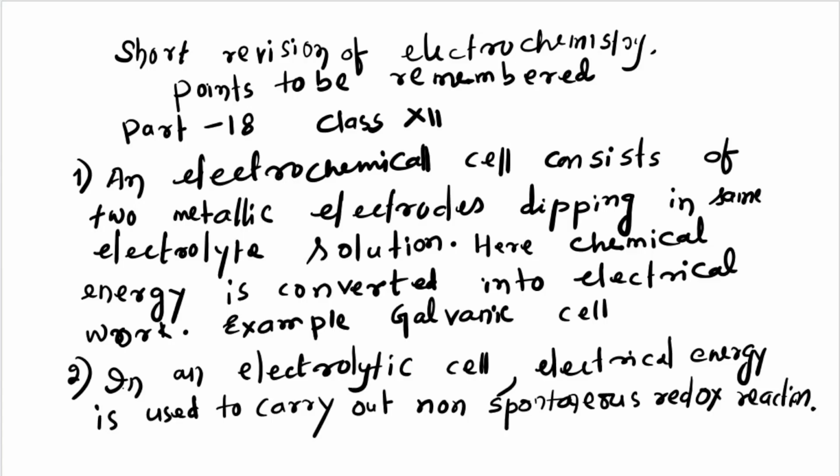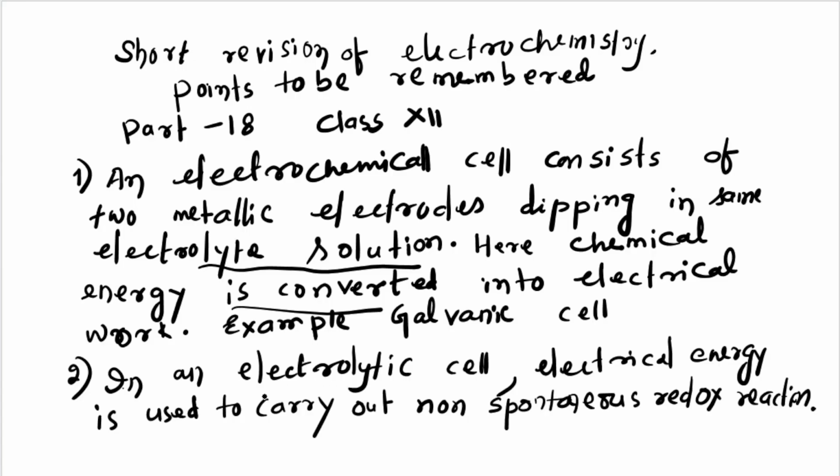An electrochemical cell consists of two metallic electrodes dipping in some electrolyte solution, and chemical energy is converted to electrical work. What is the meaning? Chemical energy converted to electric work. Example, the galvanic cell.